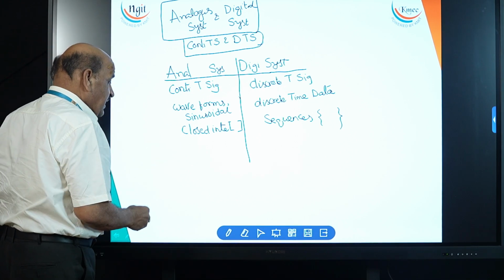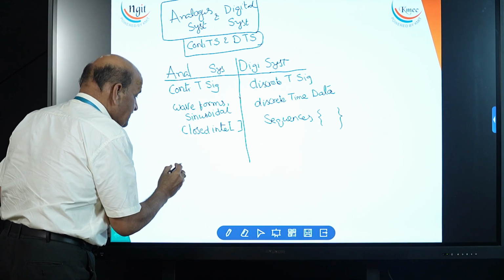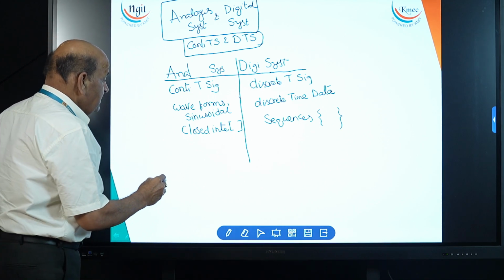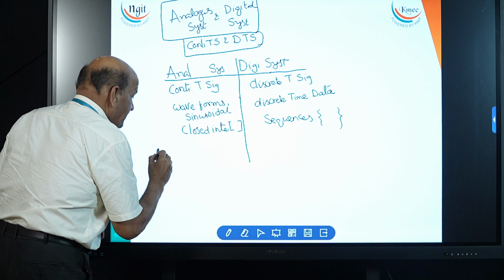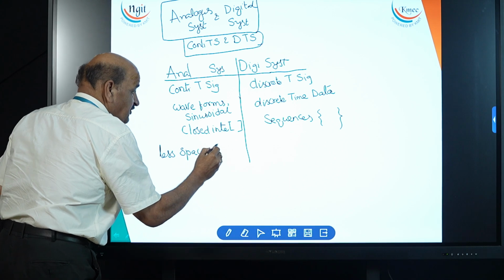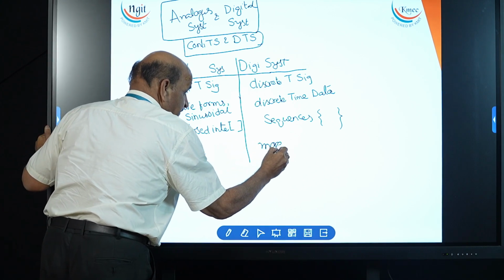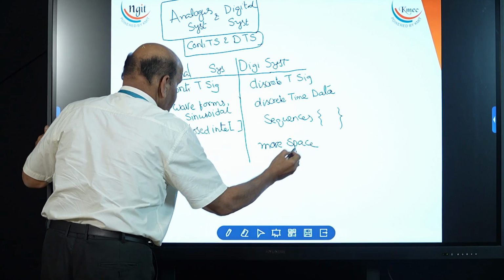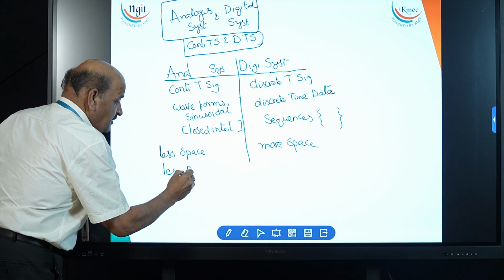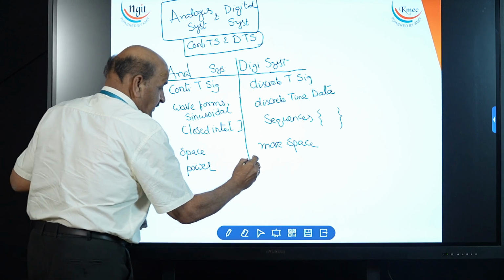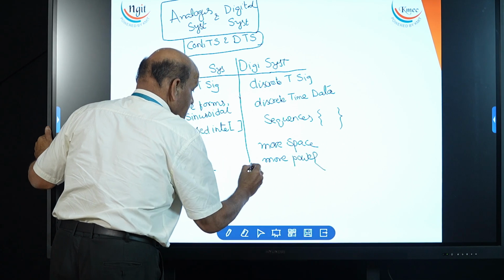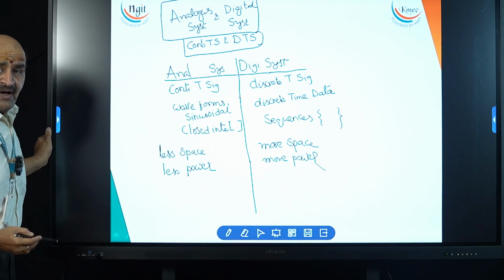Now, just look at continuous time signals. These signals require less space, and they require less power consumption. The other signals occupy more space and need more power consumption.